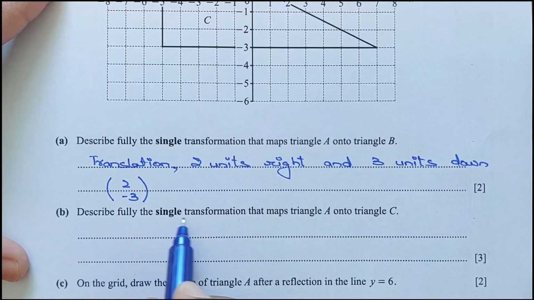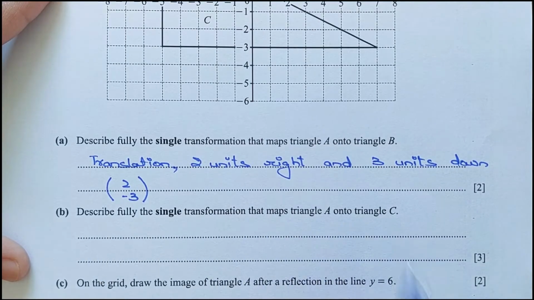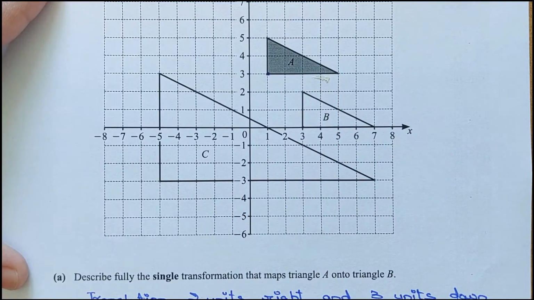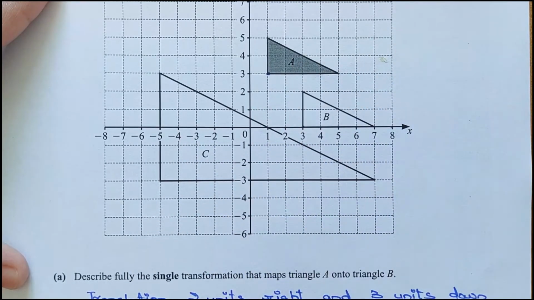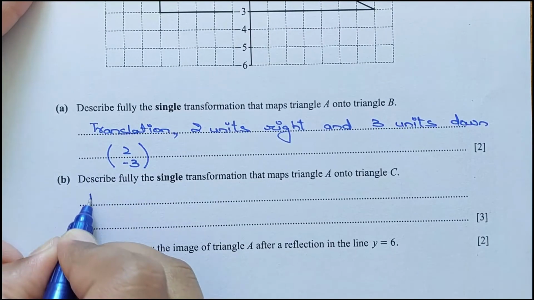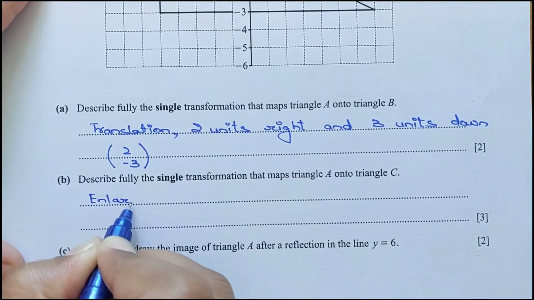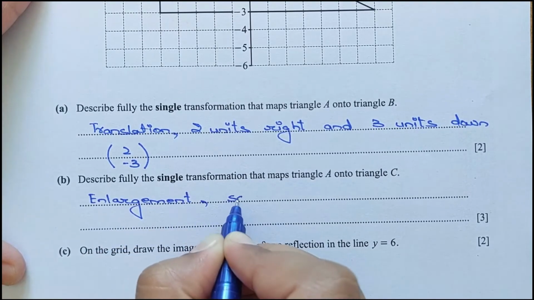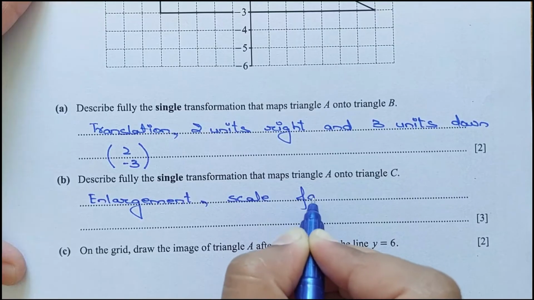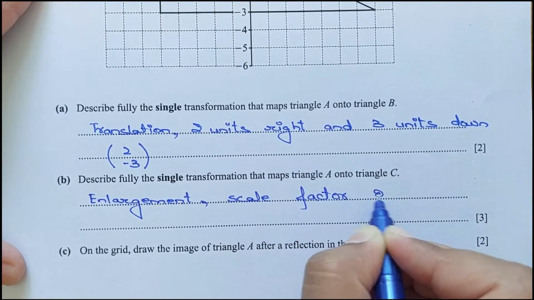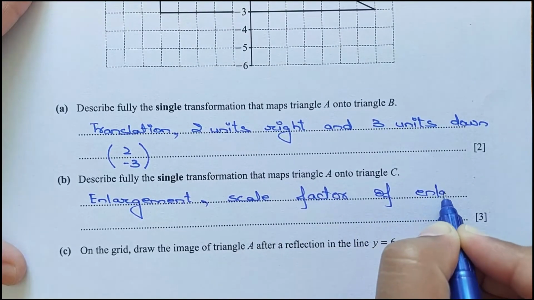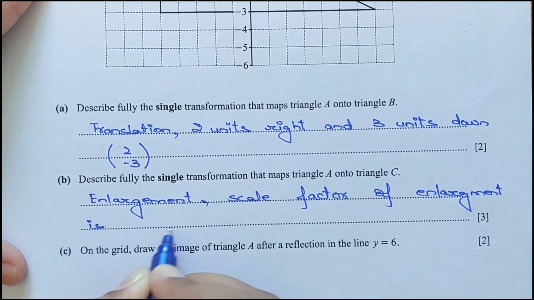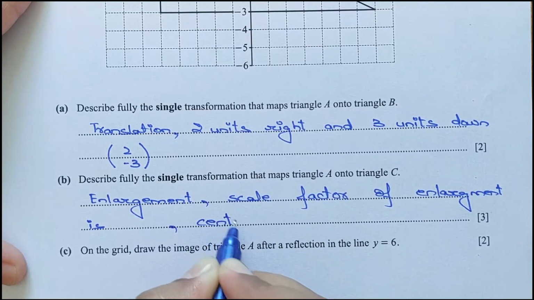Moving to part B, describe fully the single transformation that maps triangle A onto triangle C. A onto C, this is obviously an enlargement because the shape is enlarged. Let me find the scale factor of enlargement and the center of enlargement.